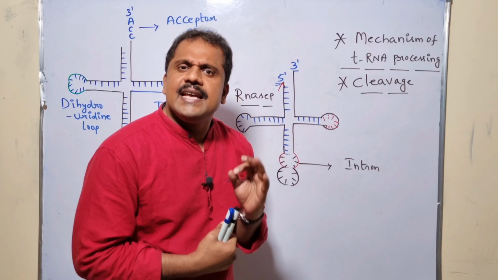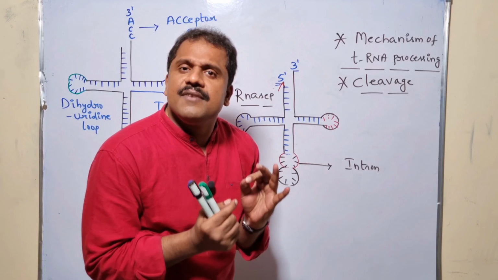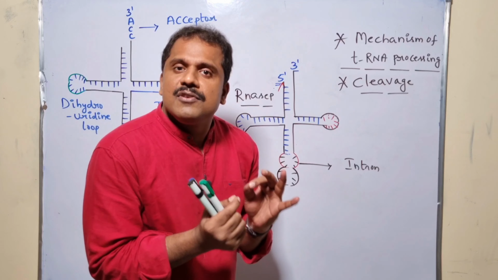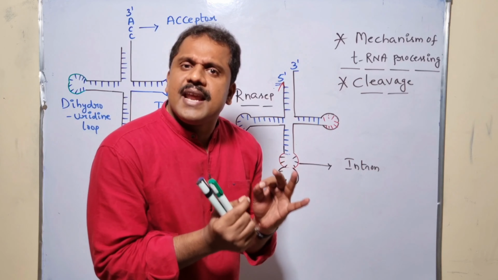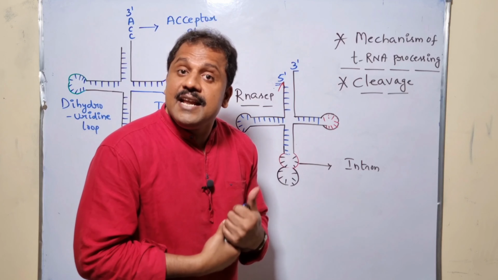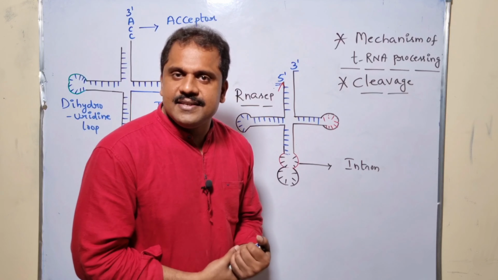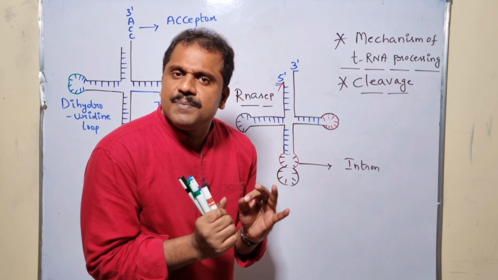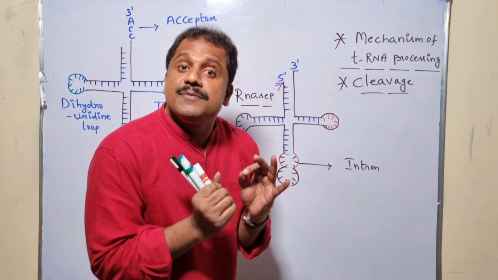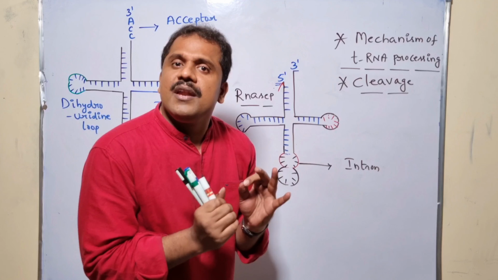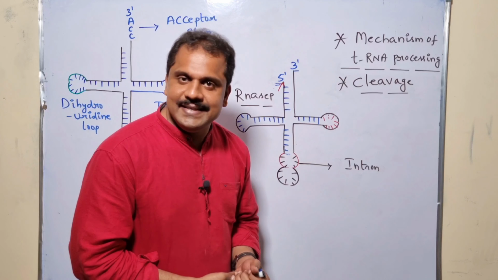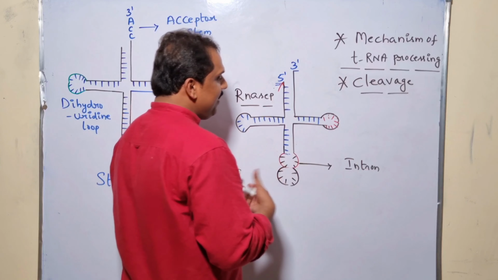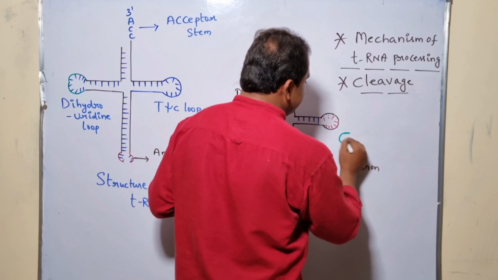But in case of the tRNA, the intron won't undergo splicing by transesterification reaction. Instead, the non-coding sequence, the intron, successfully splices out by taking the advantage of a specific enzyme which is nothing but what? Endonuclease. Is it clear? So let me write it on the board. So what is it? Endonuclease.